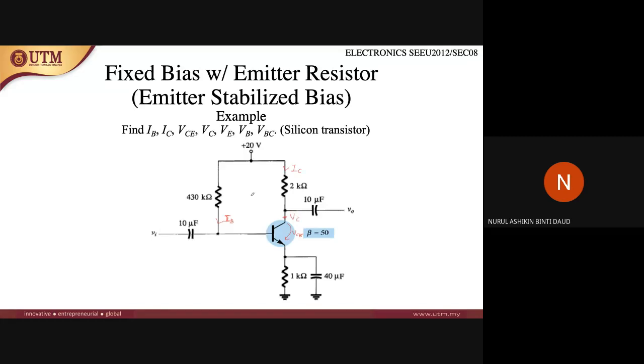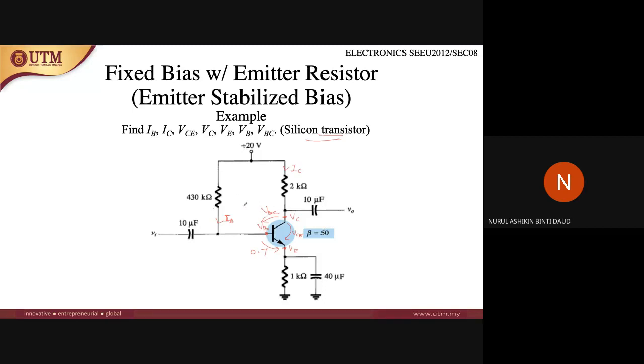VE is the point here. VB is the point here. And then VBC is the point here. The silicon is mentioned, it is a transistor, so it means that the value of VBE is 0.7. These are the informations that you have, and these are the informations that you need to find.